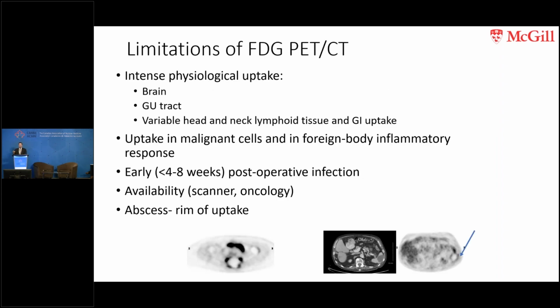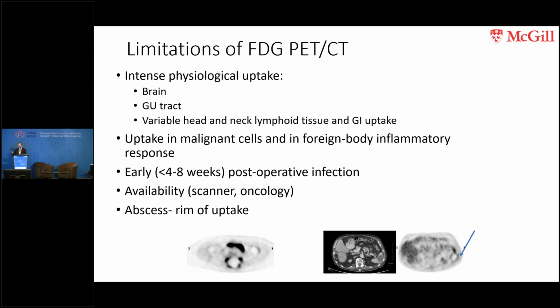Of course, FDG PET is not without its limitations. There are areas that we're not very good at, such as the brain, the GU tract, sometimes the GI tract, sometimes the lymphoid tissue in the head and neck because of the variable activity. It's not infection specific. There's uptake in malignant cells and in foreign body inflammatory response. Early infections could be more difficult to diagnose, although there is more and more evidence that we could diagnose early postoperative infections.